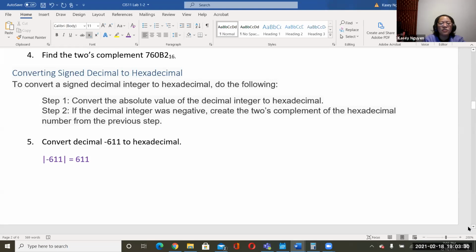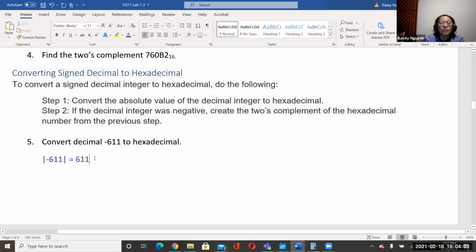Second step is, if the decimal is negative, create the 2's complement of the hexadecimal number from the previous step. Okay. So what you would start with is we are given a signed value, a negative decimal value, negative 611. It tells you to create the 2's complement.